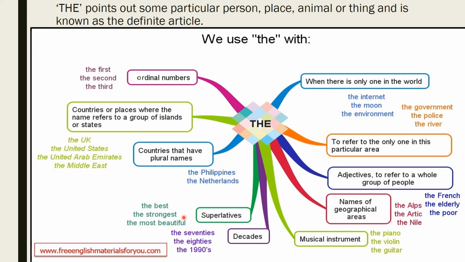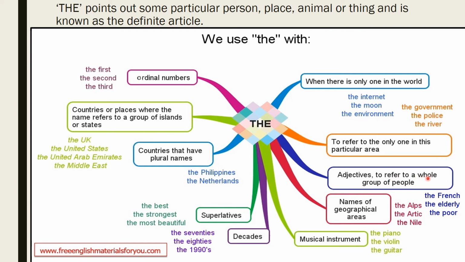With superlative degrees like the best, the strongest, the is used. With decades, the 70s, the 80s, the is used. The things which are unique in the world: the internet, the moon, the environment. To refer to the only one in a particular area: the government, the police, the river, we use the.